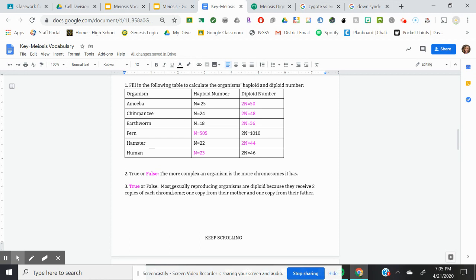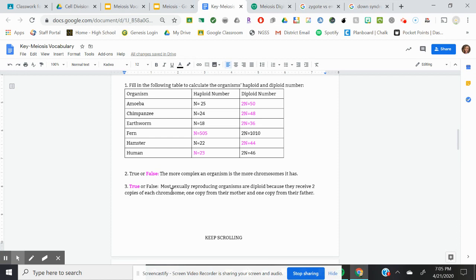Think of it like socks. Imagine you have 23 pairs of socks, but you got them separately. Your mother gave you 1 half of the pair, your father gave you the other half of the pair, right? They match, but you got them from 2 different locations. So you have a total of 46 socks, but 23 pairs of socks.